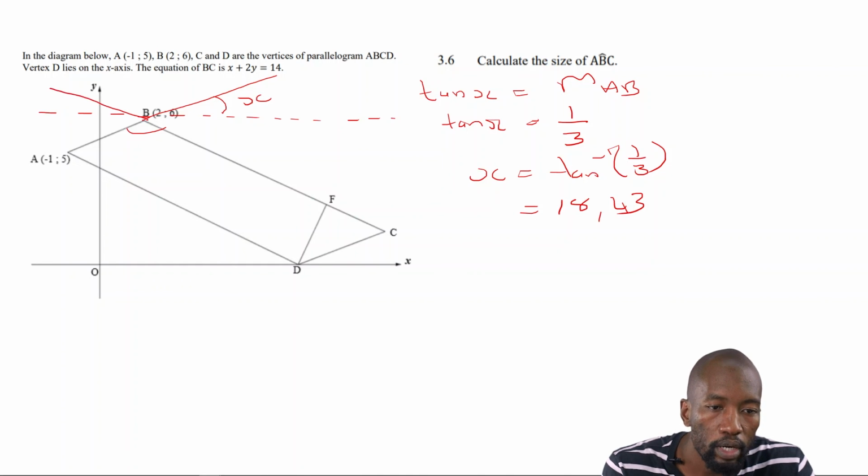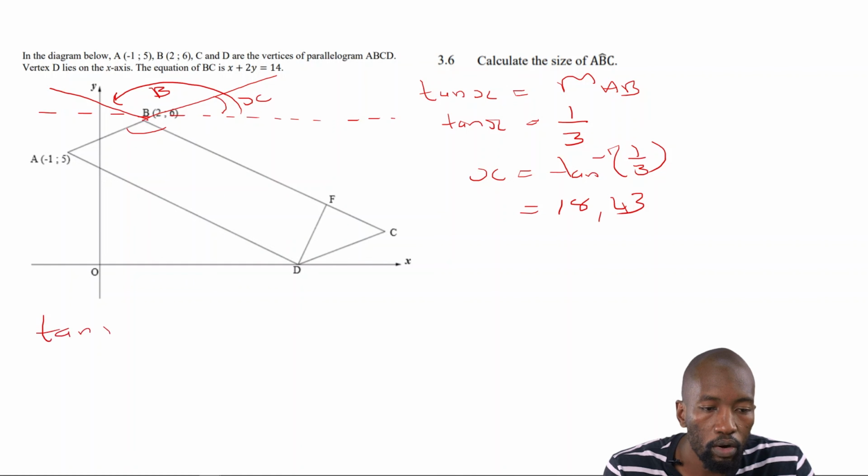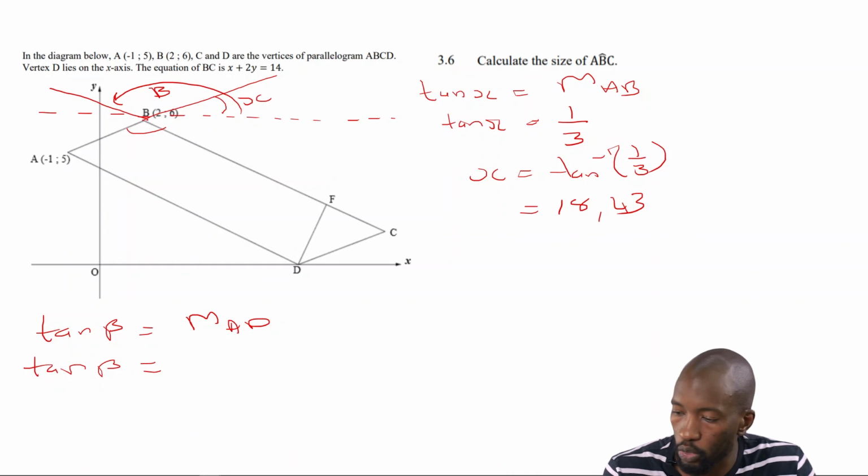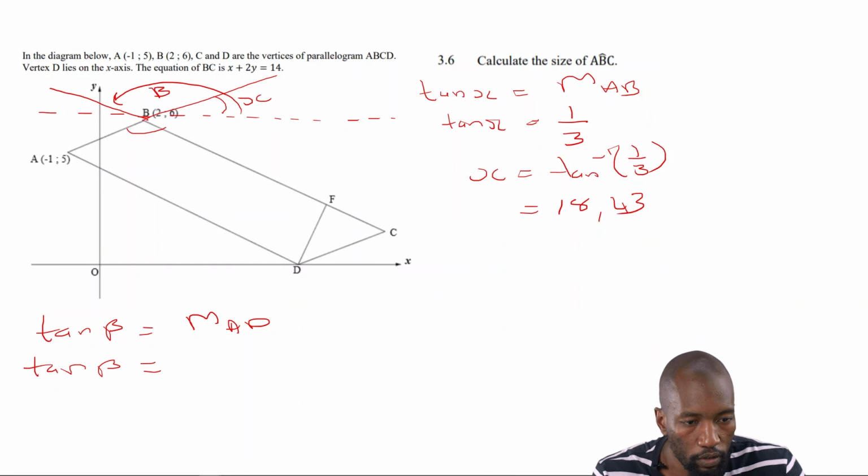Now let's prolong this line as well. There we go. Now we're going to find this big guy here, and let's call him beta. So we know that tan of beta is equal to the gradient of AD. If you don't want to use AD, remember it's parallel to BC, so it's the same thing. So tan of beta is equal to, I'm just going to check from my book, -1/2.